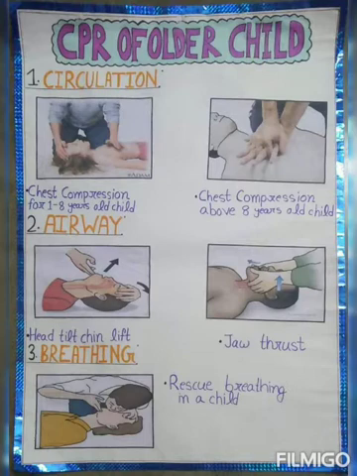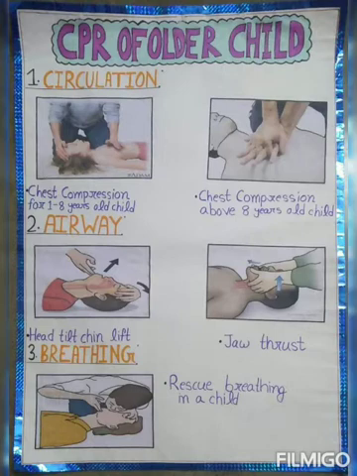Then circulation. In this poster, there is a picture of chest compression for a 1 to 8 year old child. Here the chest compression is by the heel of one hand at the lower half of the sternum. The compression depth should be 1 inch to 1.5 inch, approximately 1/3 to half the depth of the chest, and the rate should be at least 100 per minute.